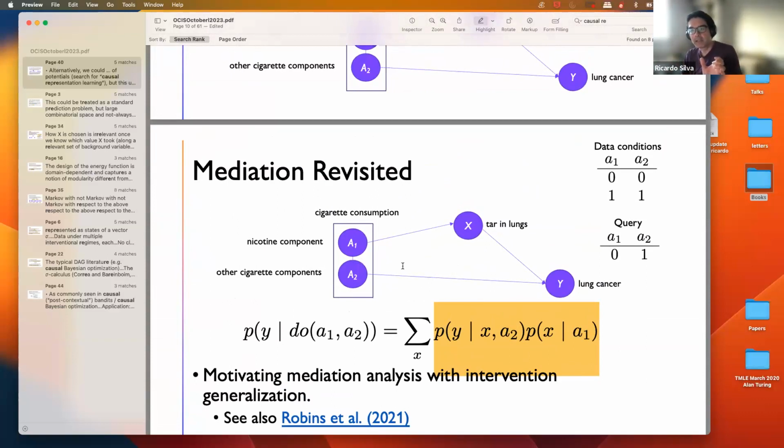Here the exposure is a vector of two entries, and one part of it uses one factor, another part uses another factor. The trick is to say, what would happen if I had this imaginary cigarette where there's no nicotine, where there's everything else, when my data only has smokers and non-smokers.